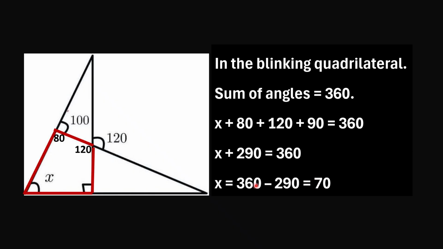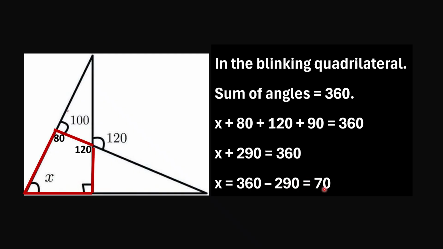You don't need rough work. 360 minus 300 is 60, right? Because you subtracted only 300 instead of 290, add that 10 extra which you subtracted.